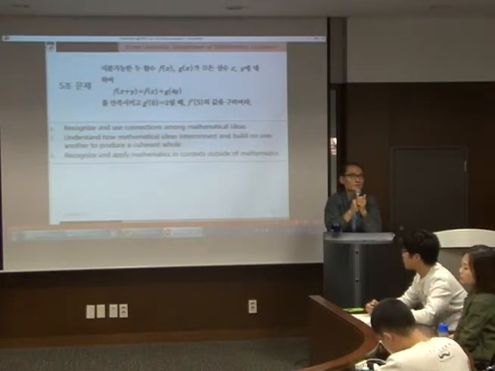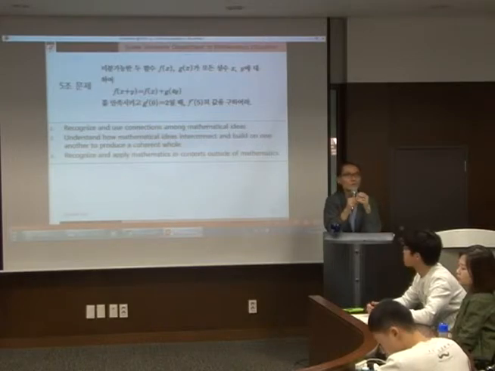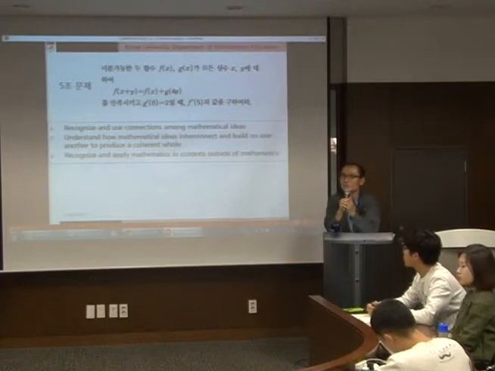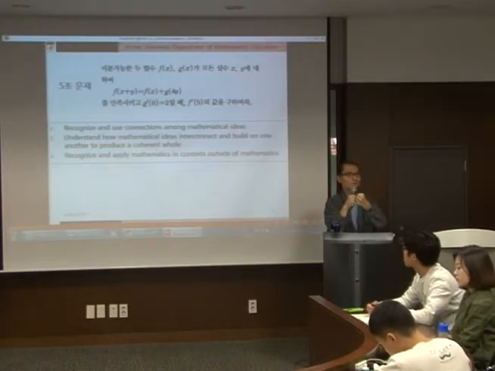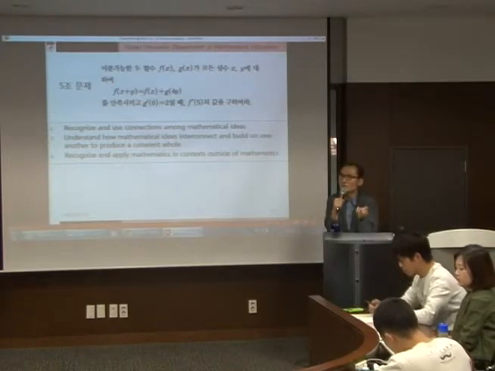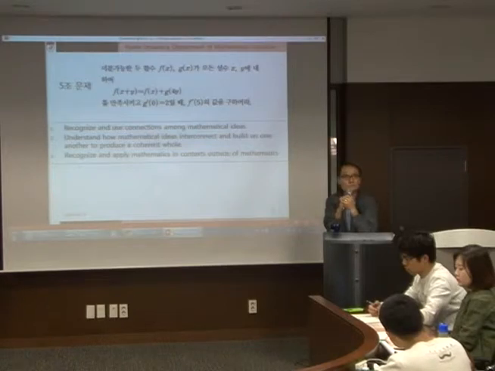You may explicitly ask the question, what is the relationship between function and so on? Then they can think how to produce a coherent whole between two ideas. Not implicitly, but explicitly, the mathematical problem should ask, and students can produce a coherent whole from the problem solving.